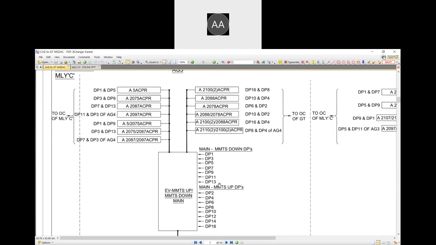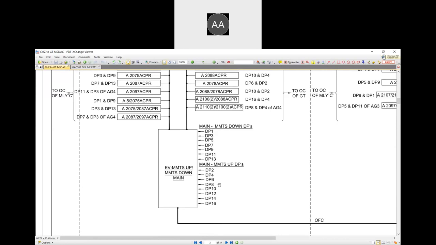Sir, both are working. What is the longest possible distance you can connect a DP? From the evaluator to the DP, madam. Yes, now it is working up to 3 kilometers, madam.